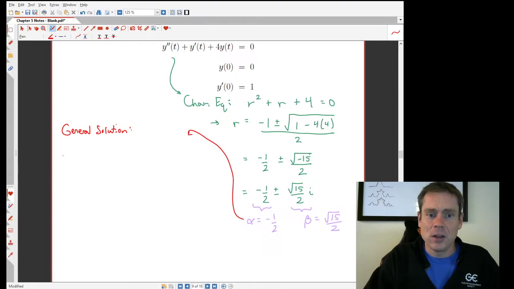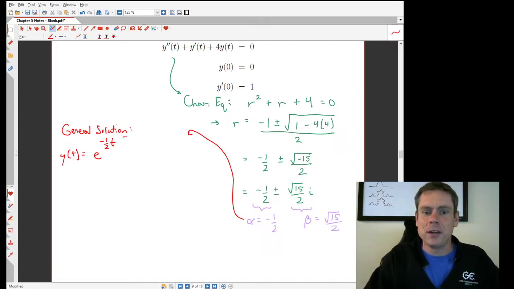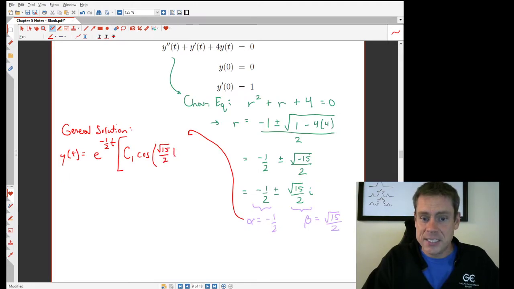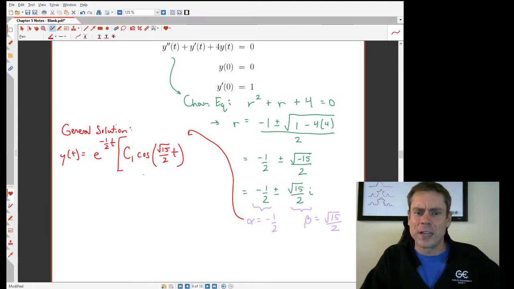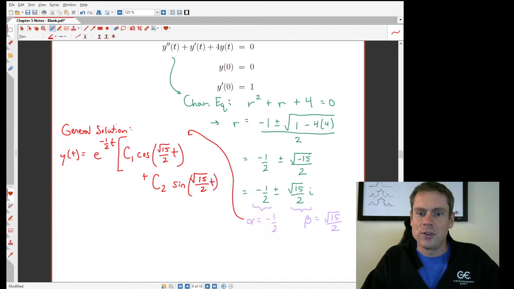It's going to be y of t equals, and then take e to the alpha, that's minus 1/2 t. T is my independent variable here. And then I need c1 cos of beta, root 15 over 2 t. Don't forget the t, because some students do forget that. And then plus c2 sine of root 15 over 2 t. Just like that.